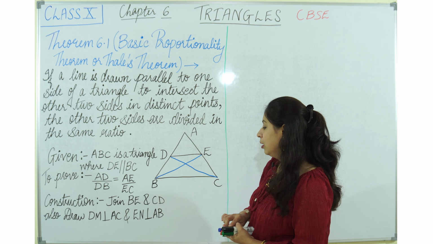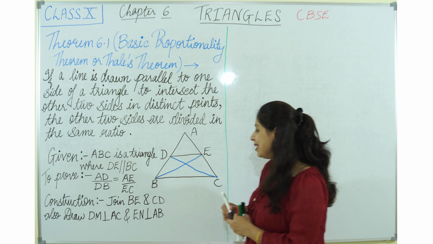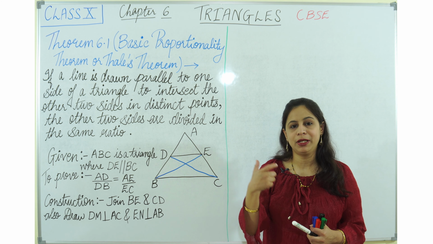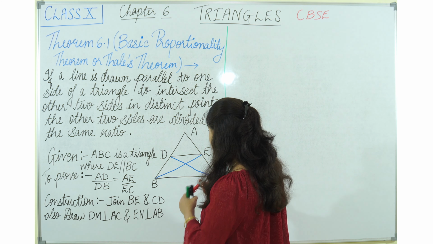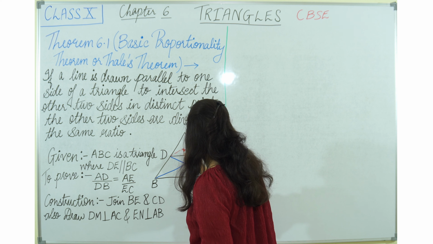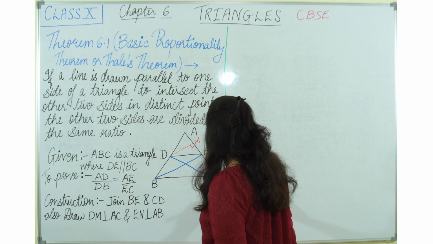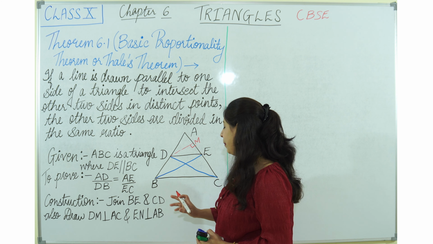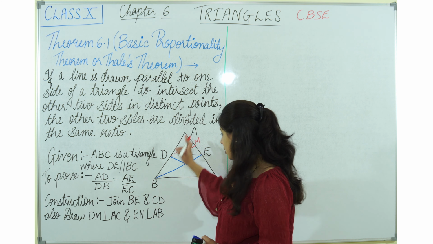Second, DM should be perpendicular to AC. That means a perpendicular should be drawn on AC, such that it is DM. Let us draw the perpendicular. So this is our DM and it is perpendicular to AC. Then the second perpendicular should be EN, which is perpendicular to side AB.